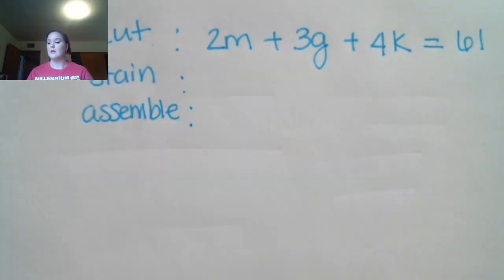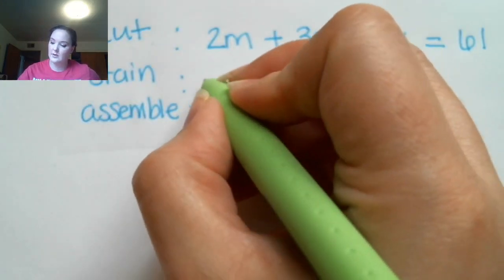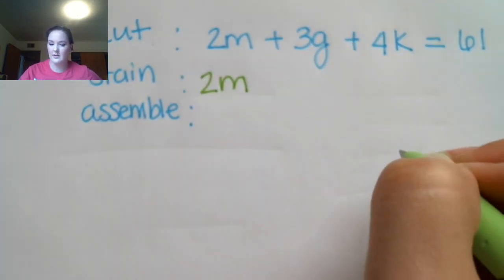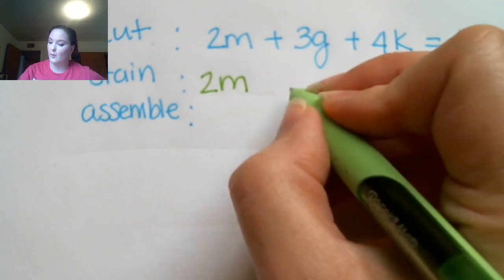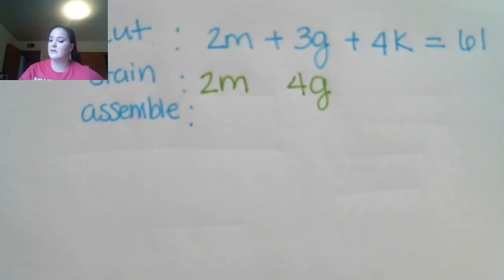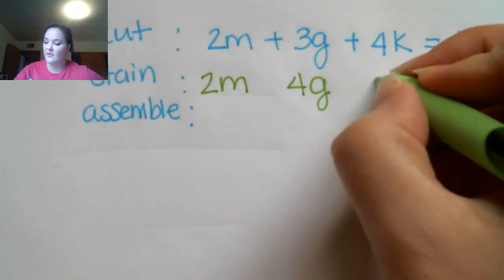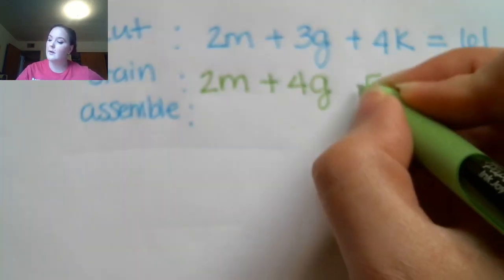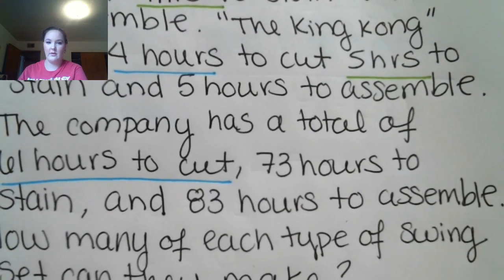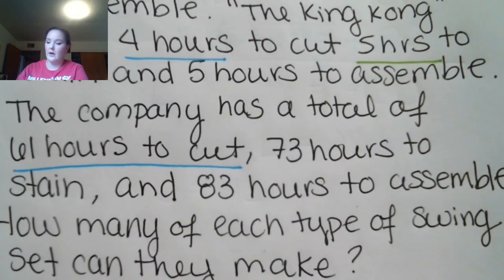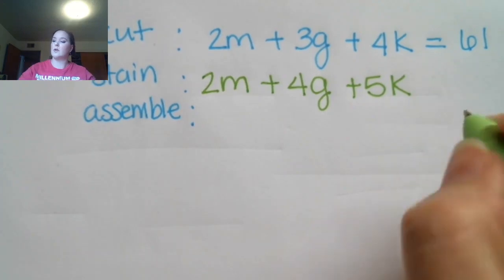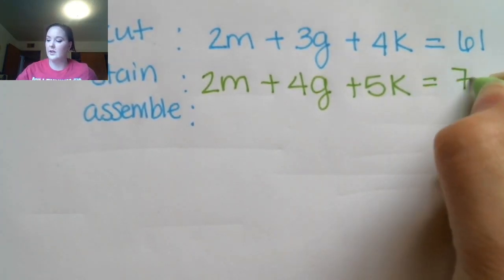So for the monkey, it's going to be 2 hours per set times the number of sets. For the orangutan, it's 4 hours per set times the number of sets. And for the King Kong, it's 5 hours per set times the number of sets. Then the sum, or the total, is going to be whatever the total is in the question. The company has a total of 73 hours to stain, so our total is going to be 73.